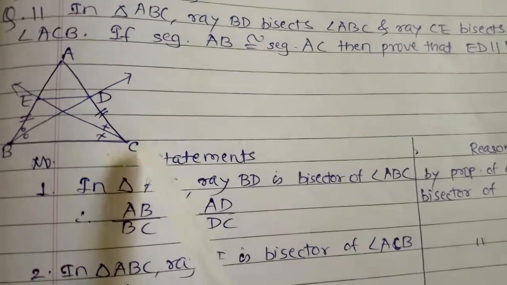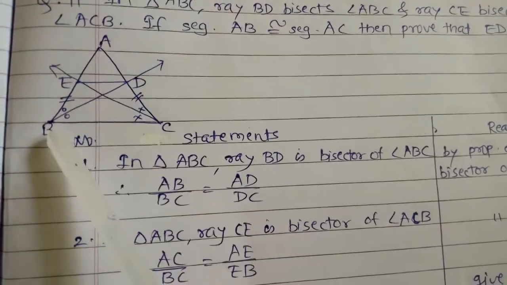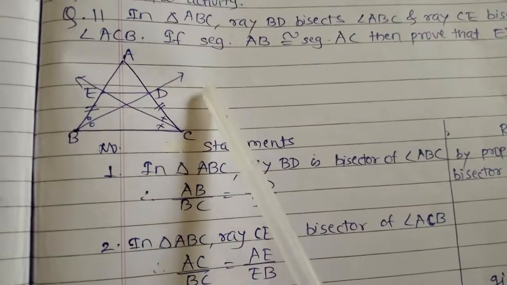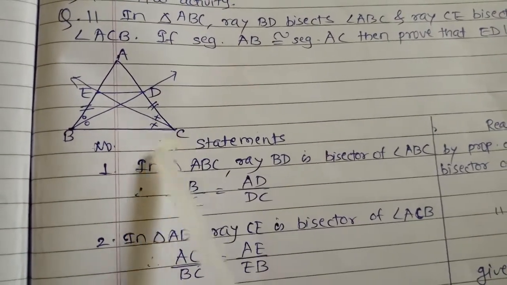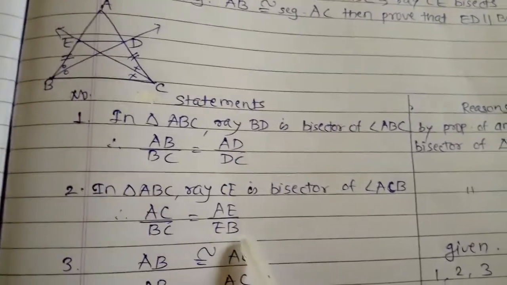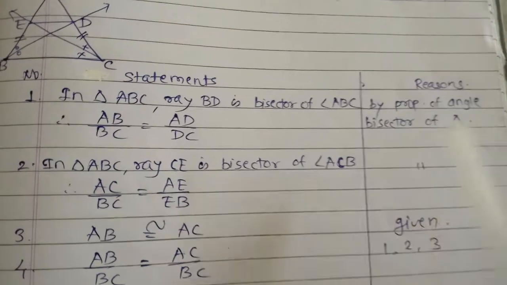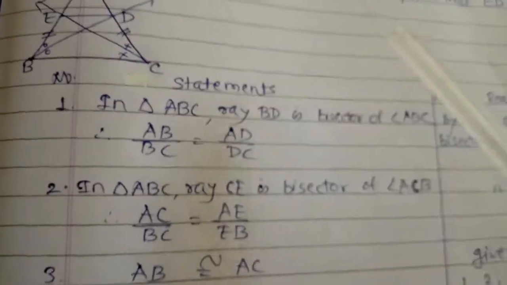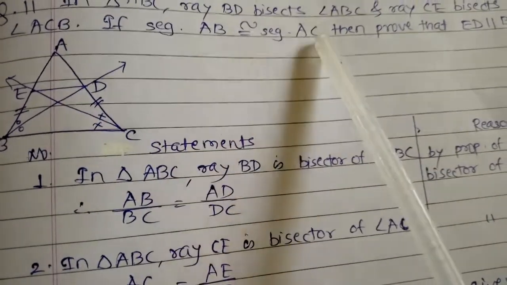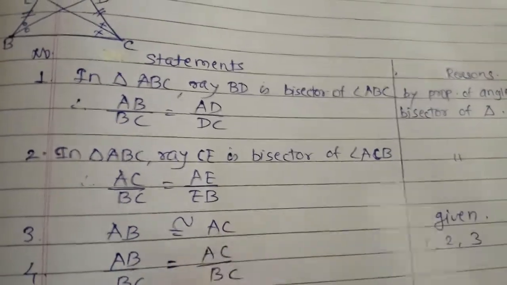In triangle ABC, ray CE is the bisector of angle ACB, and so by the angle bisector property, AC upon BC is equal to AE upon BE. The same reason, by the property of angle bisector of a triangle. Now the next statement: in our example we are given that AB and AC are congruent. So my third statement is AB is congruent to AC, that is given.